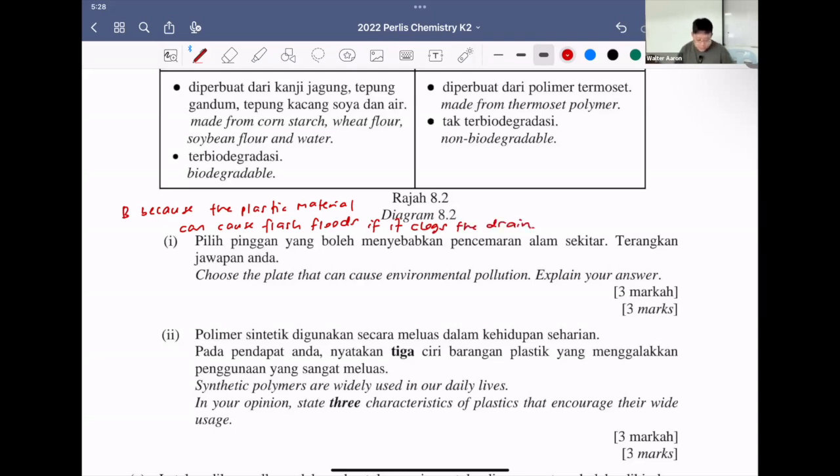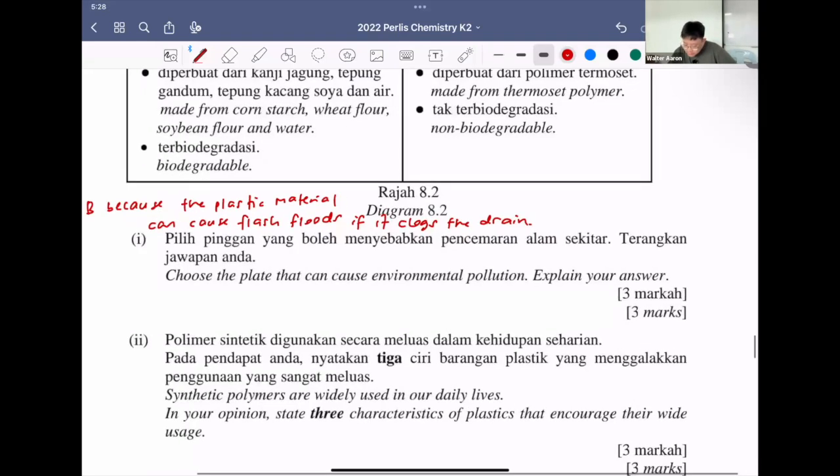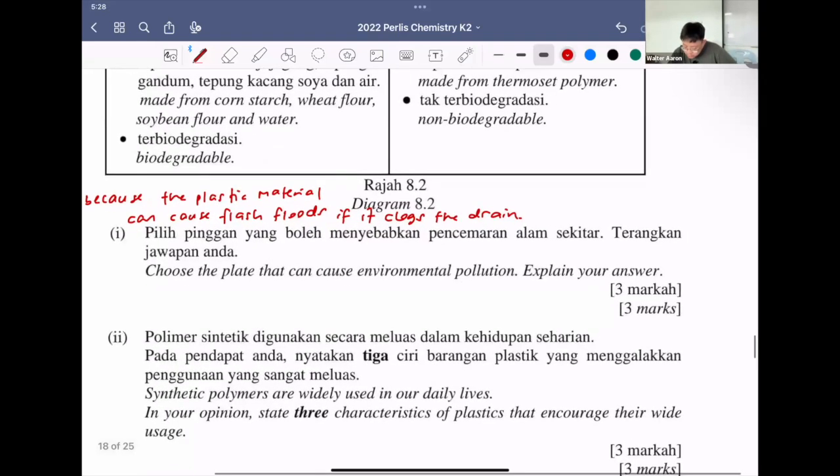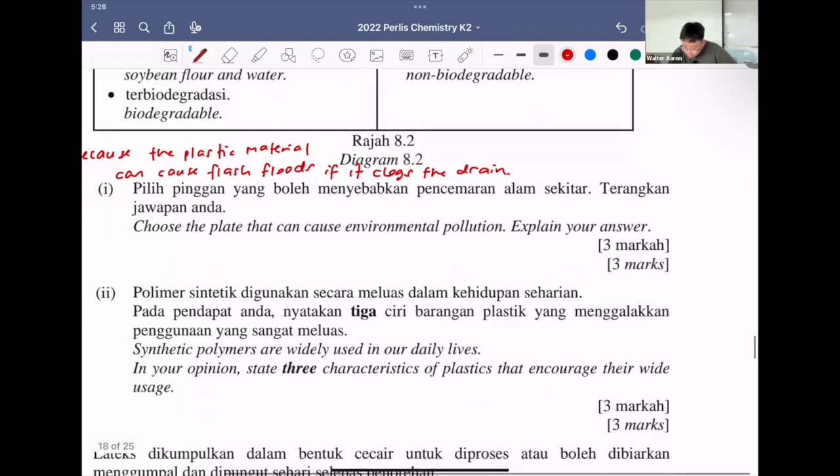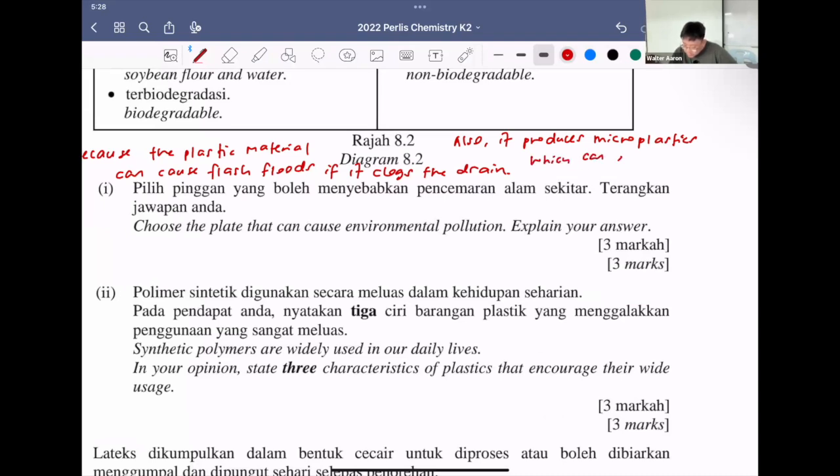We can also say that they produce microplastics which can affect the food chain. So you can put here also it produces microplastics which can end up in the food chain.